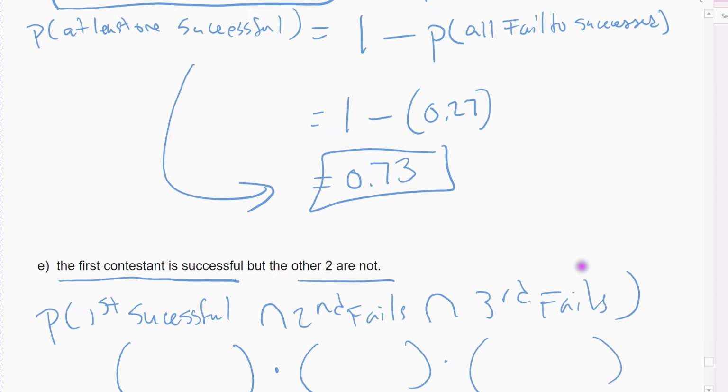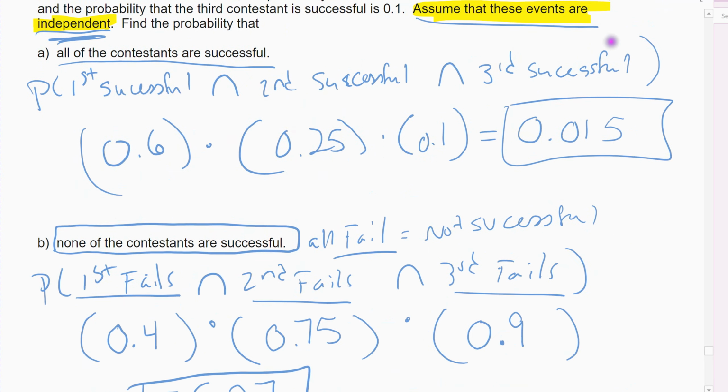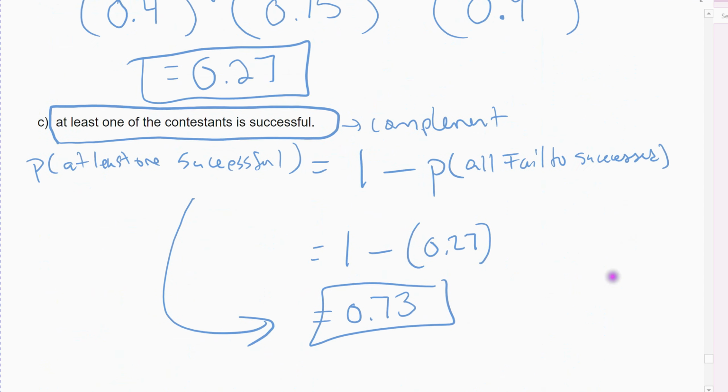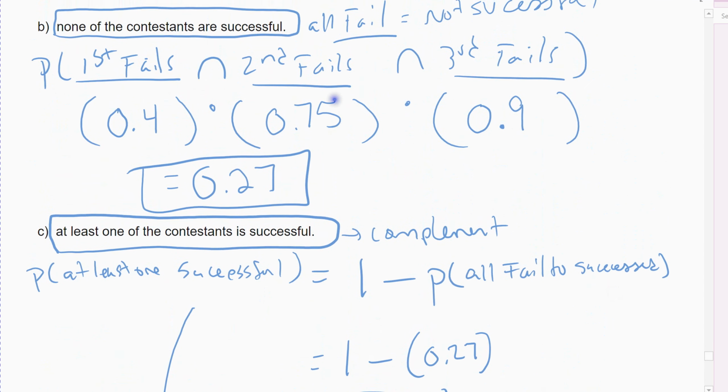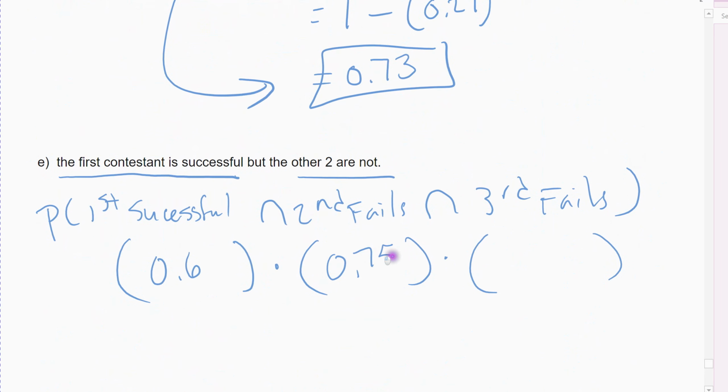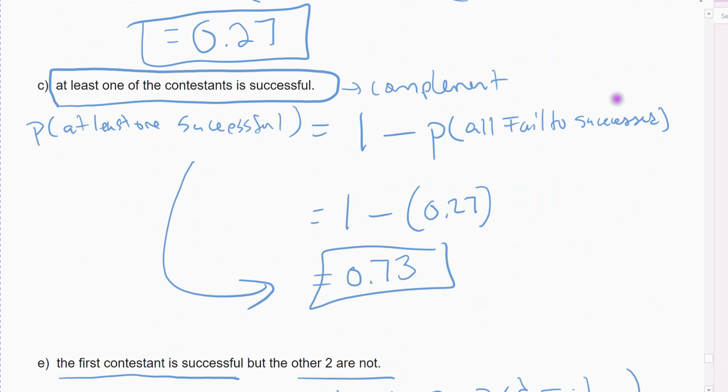The first guy was successful 60% of the time, so 0.6. The second guy is not successful, which I have up here, is 0.75. He's going to fail 75% of the time, and the third guy fails 90%, 0.9.